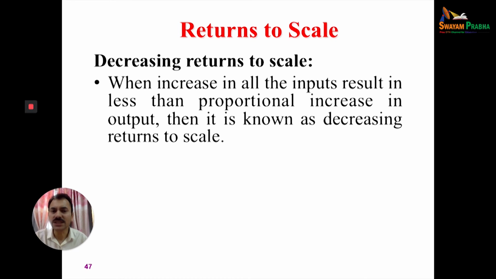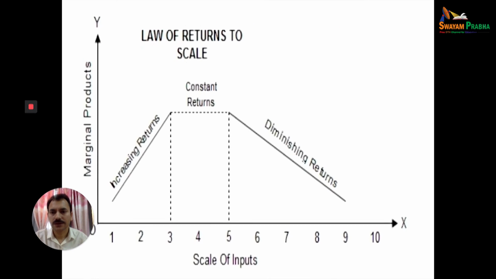When an increase in all inputs results in a less than proportional increase in output, it is known as decreasing returns to scale. See this diagram. On the x-axis we have scale of input. On the y-axis we have marginal products.